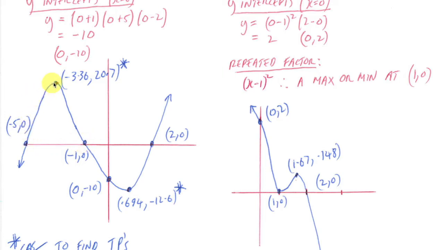So clearly there must be a turning point in between here, and so I can position my turning point. Same thing down here: the graph is going down, cuts through the y-intercept, but then I need to be able to get back into this position. So there must be another turning point, and you can see where that is.